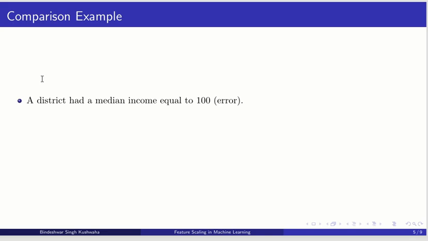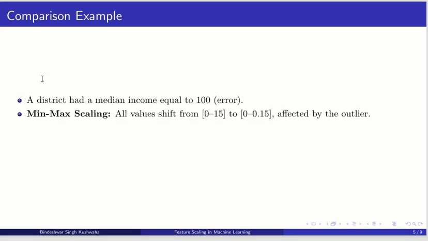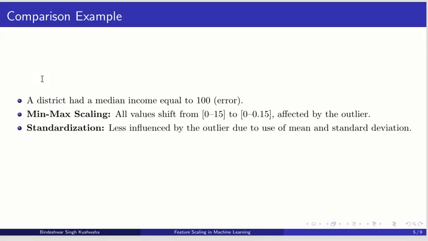Let us see, a district had median income 200. With min-max scaling, all values shift from the range 0 to 15 to 0 to 0.15, affected by the outlier. Standardization is less influenced by the outlier due to the use of mean and standard deviation.